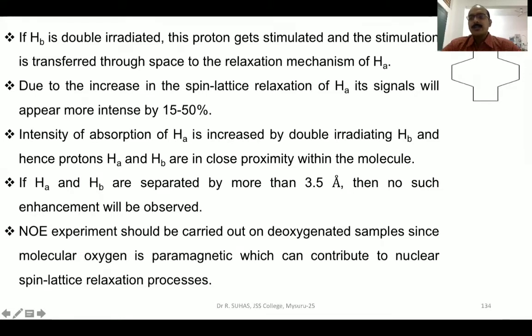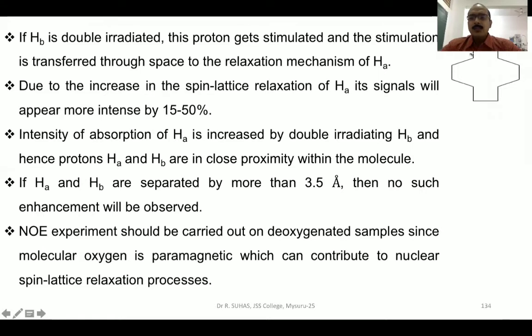The enhancement of the signal is nearly 15 to 50%. As I said earlier, HA and HB should not be separated by more than 3.5 angstroms. That means the distance should be within 3.5 angstroms. If it is greater than 3.5 angstroms, then you will not see NOE.